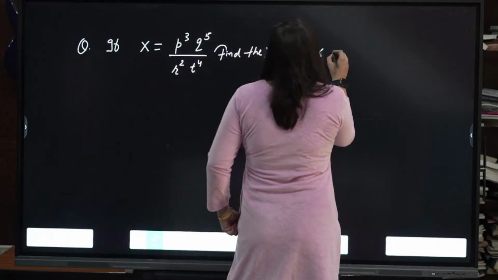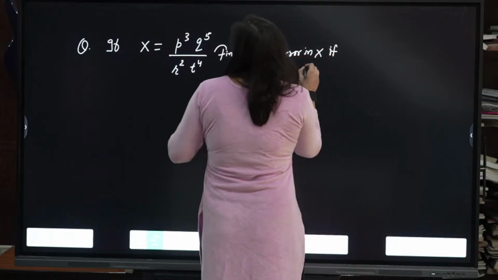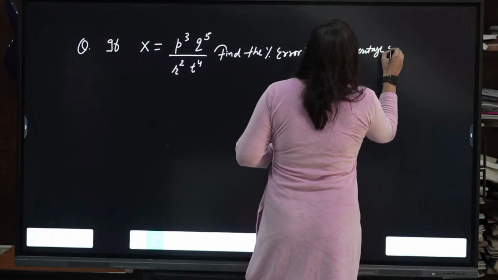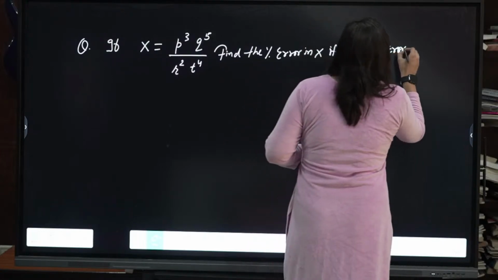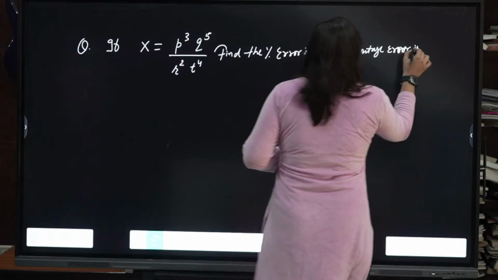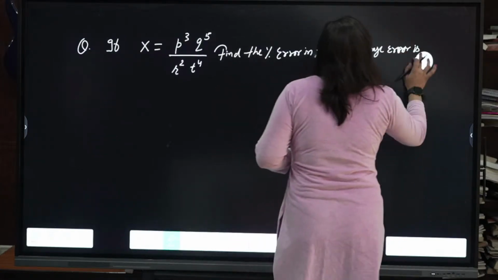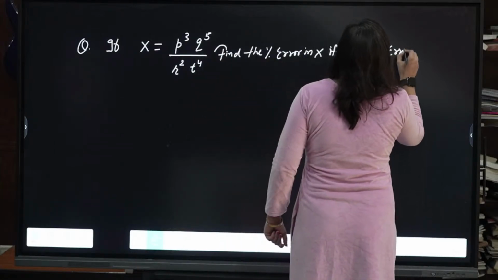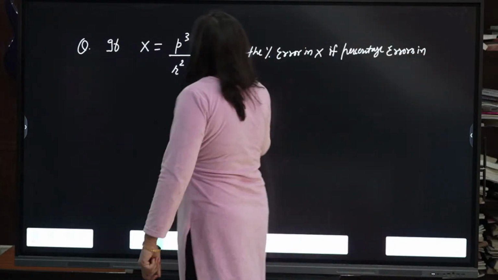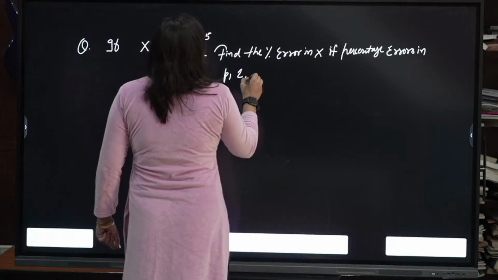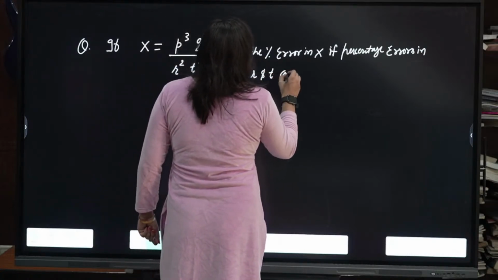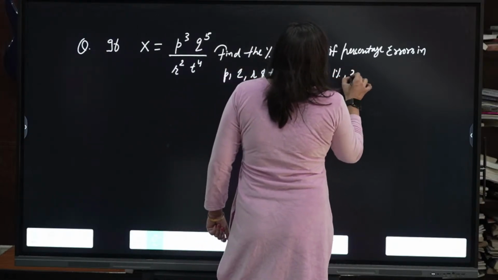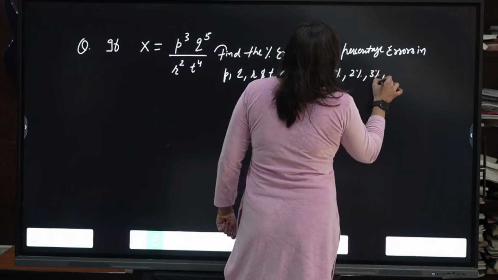Percentage errors in P, Q, R and T are given 1%, 2%, 3% and 4%.